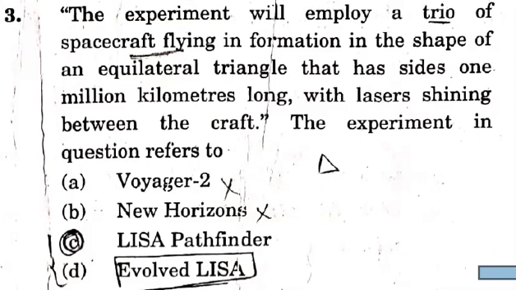But this aircraft is amphibious in nature. The question is asking that the formation would be of an equilateral triangle, the lasers shining between the aircraft has sides of 1 million kilometers long. What type of experimentation is this?